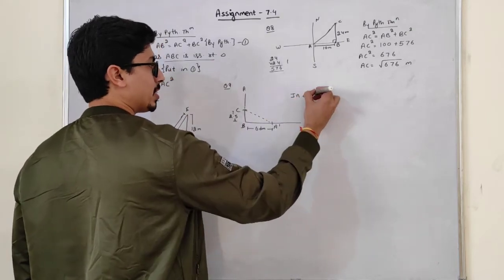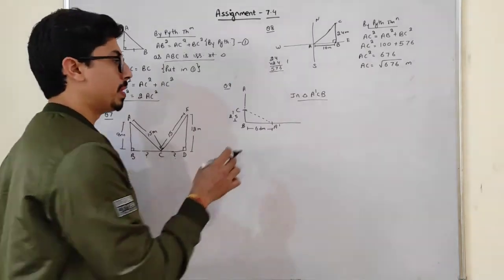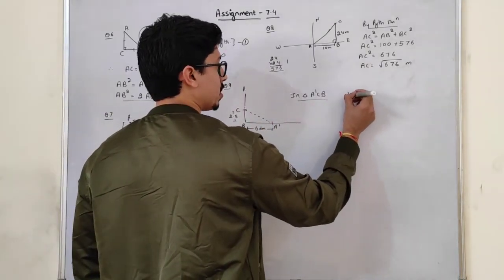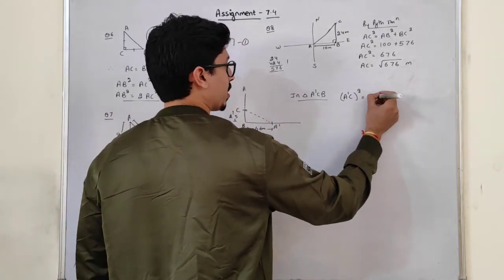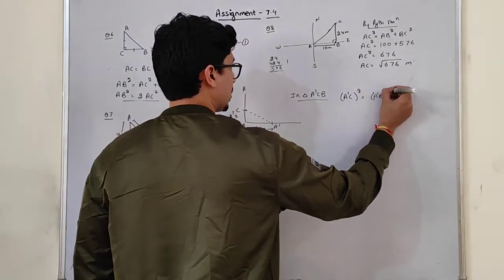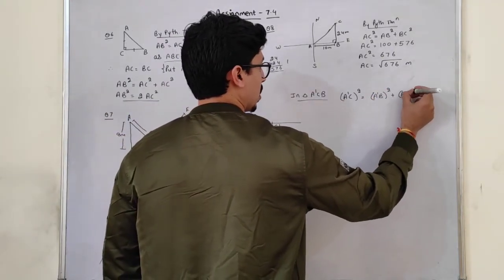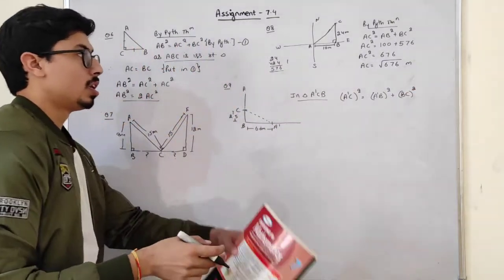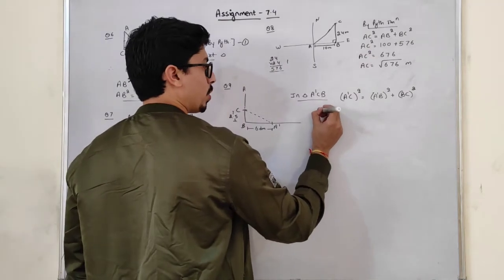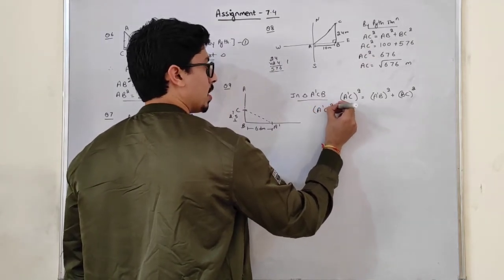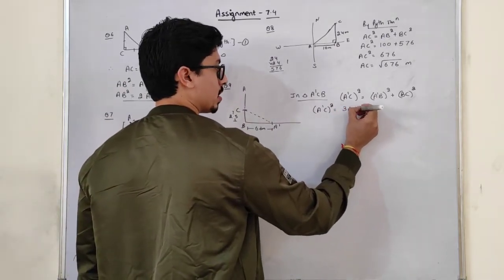In triangle A dash C B, just apply the Pythagoras property. A dash C square will be equal to A dash B square plus BC square. Okay, students, so just put in the values and you will get your answer. See, A dash C square, students, we don't know. A dash B, that is this, so 6 square is 36.